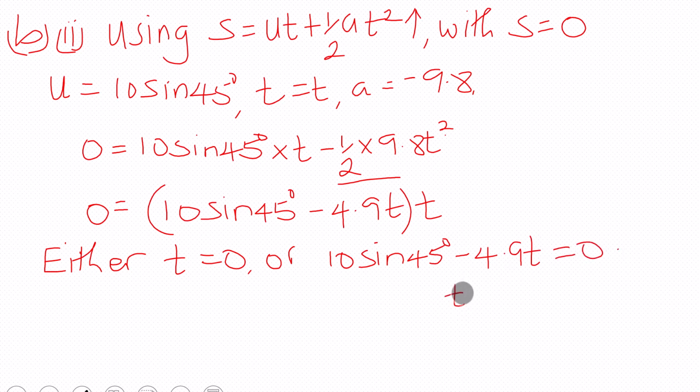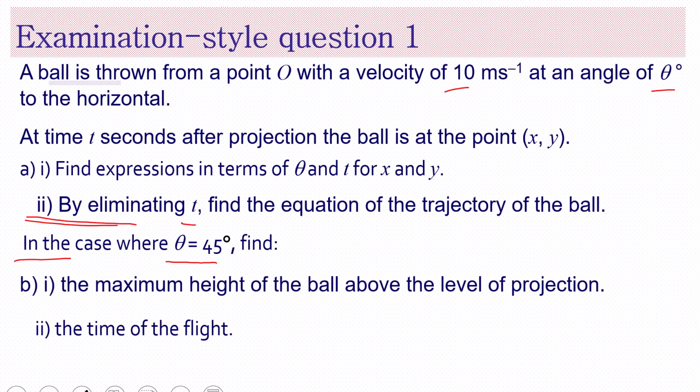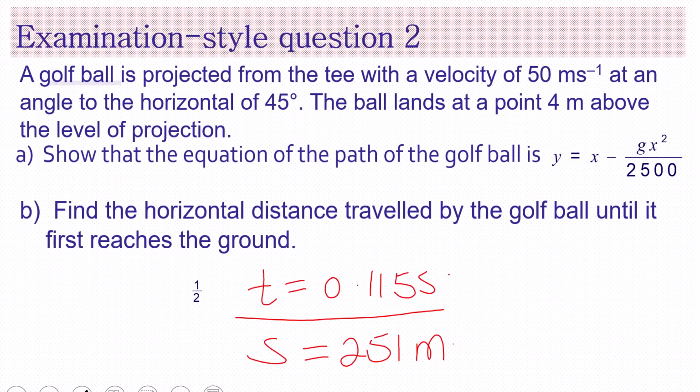And here when we simplify, we'll get 10 sine of 45 degrees out of 4.9. And finally, our t will be 1.44 seconds. So this is how we can calculate the time of flight. So that is our time of flight.